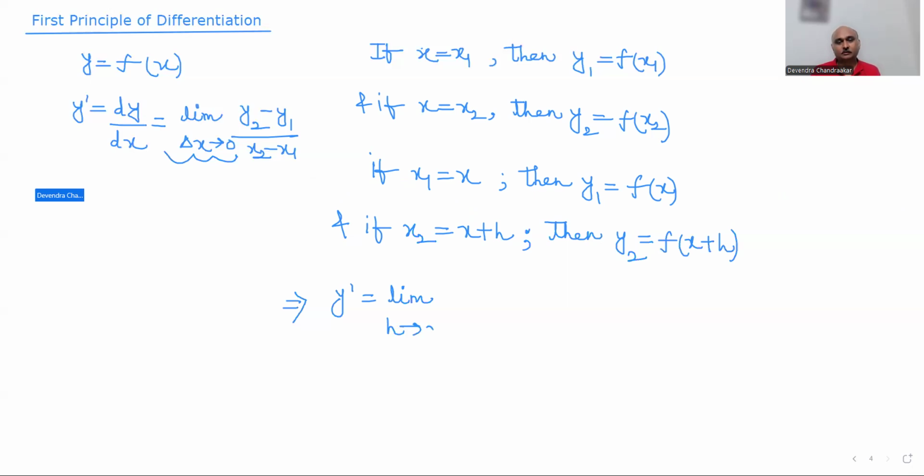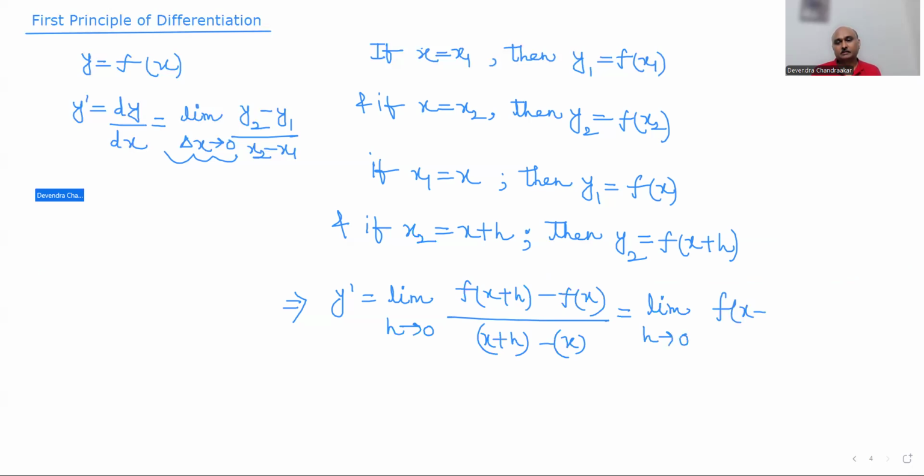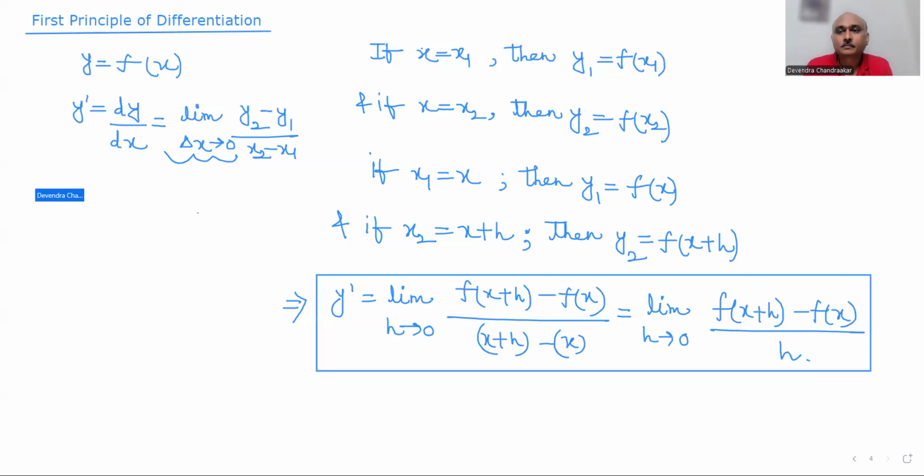So if h tends to 0, then y2 minus y1 upon x2 minus x1 is f of x plus h minus f of x upon x plus h minus x. Or it is simply limit h tends to 0, f of x plus h minus f of x upon h. I hope all of you understood this. Yes or no? This is your first principle of differentiation. Understood? Hello? Yes, sir. Okay. Please write it quickly.